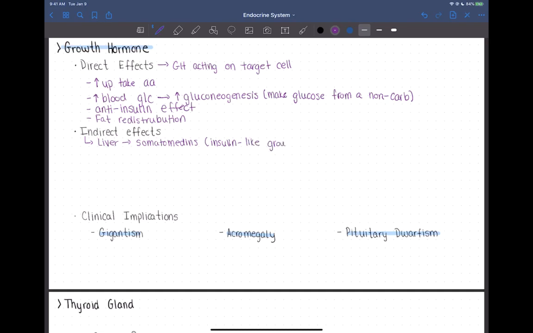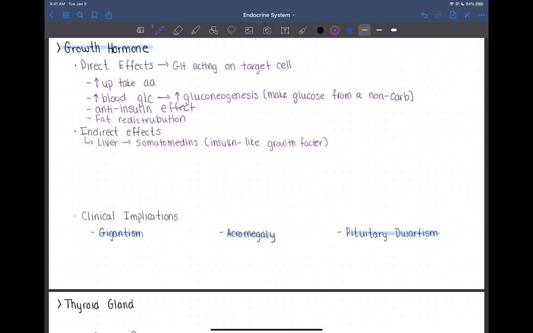These come from the liver, and their production is stimulated by growth hormone. So growth hormone acts on the liver, makes these insulin-like growth factors, and then it is these insulin-like growth factors that go and have an effect on the cells. That's why it's considered indirect, because it's not the growth hormone causing the effect, it's the insulin-like growth factors causing the effect.